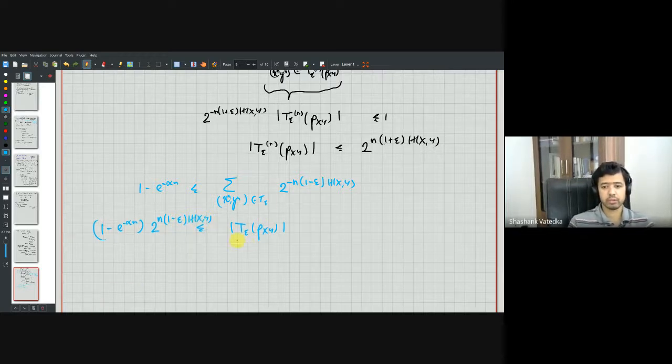Right? So we both have a lower bound and an upper bound. So the size of the typical set is upper bounded by roughly 2 to the n times H of x comma y, and it is also lower bounded by roughly 2 to the n times H of x comma y.